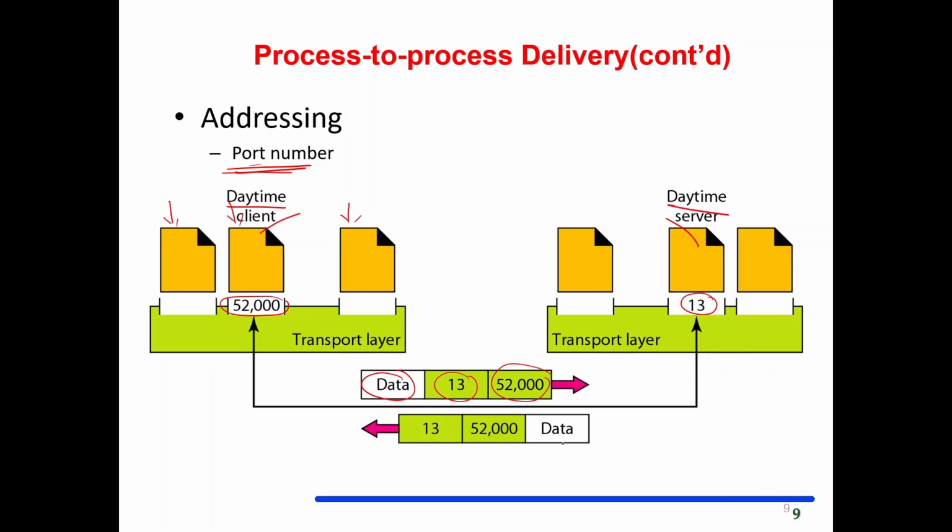Similarly here also it is having the data, the destination port number and the source port number. So like this, the port numbers of source and destination will be added to the data in the process to process delivery. This will happen in the transport layer. Remember, in the transport layer, source port number and destination port number will be added to the data packet.